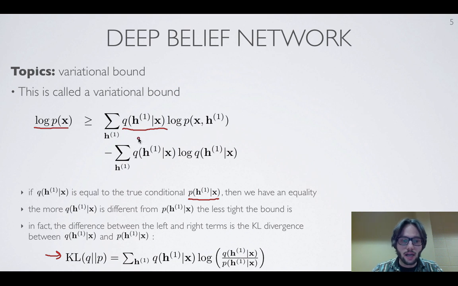So the algorithm would alternate between updating Q and updating P, and you do this until convergence. When I say updating, I mean maximize this expression with respect to Q, then maximize this expression with respect to P, and then alternate until convergence. By doing this, we push up the lower bound.